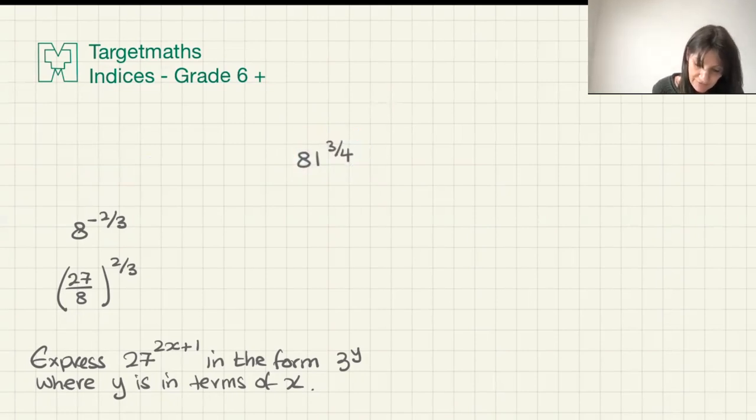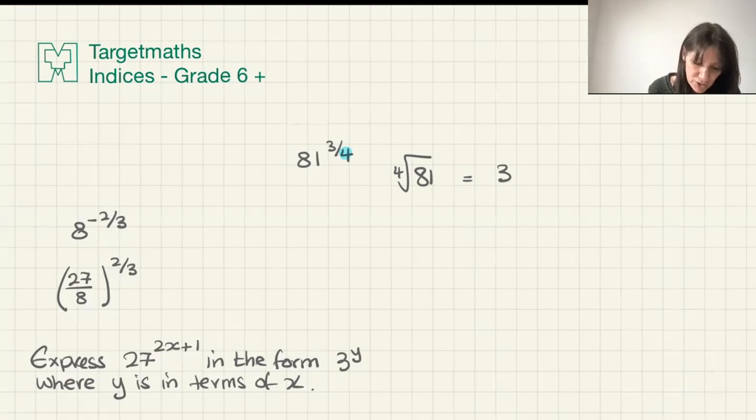The difference, however, is I have a 4, not a 2. So it's not a square root, it's going to be the 4th root. And I'm looking for a number that multiplied by itself 4 times would give me 81. That is 3, because 3 times 3 times 3 times 3 is 81.